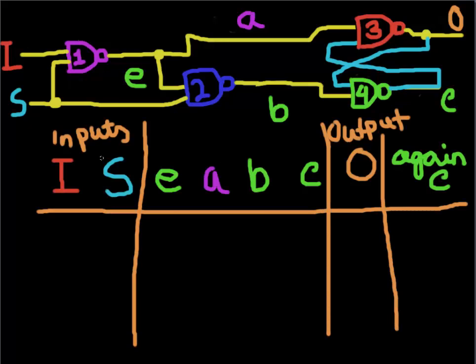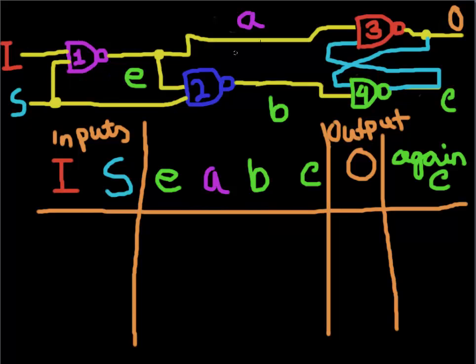So here is a table I have drawn to keep things simple so that you can follow along. First, let me explain what this I, S and those letters are. I is the inputted bit, the bit we want to remember, and O is the outputted bit that we have remembered.